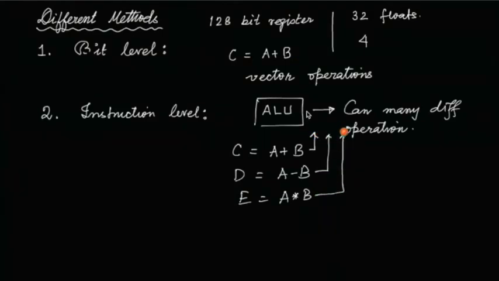This is called instruction level parallelism. Nowadays, most operating systems know how to do instruction level parallelism. You don't need to do it by hand. It will process the data, understand that these can be done together in the ALU, send all of them together and get it done.